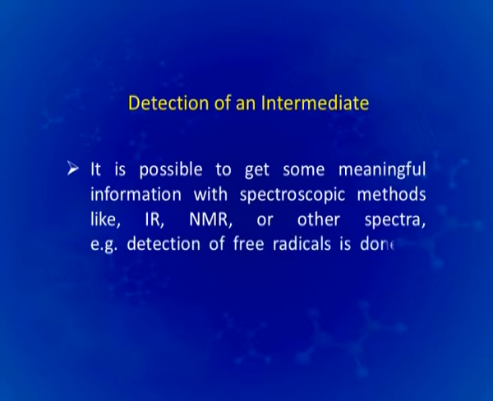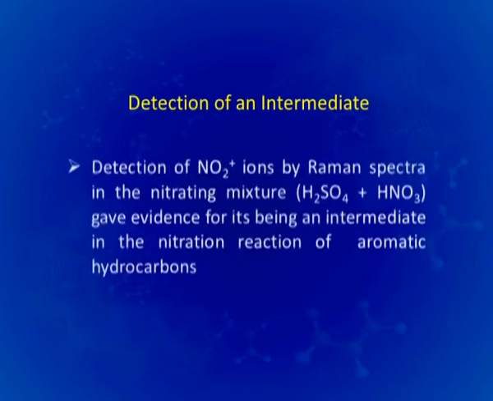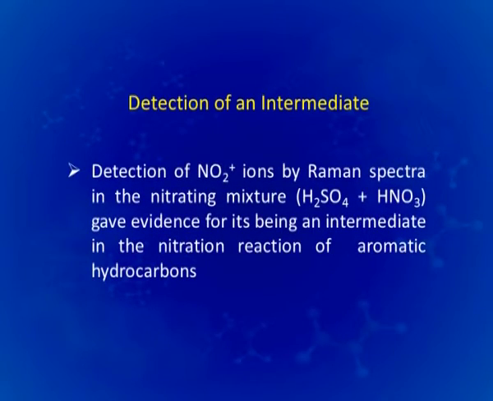For example, detection of free radicals is done by ESR and CIDNP. Both of these are spectroscopic techniques, the instrumental methods by which one can detect the presence of free radicals as the intermediates in a reaction. Similarly, you may be familiar with the nitration reaction of aromatic compounds.